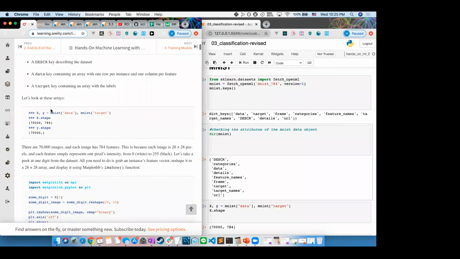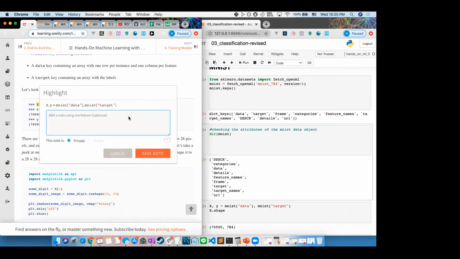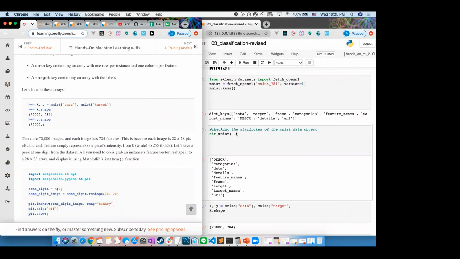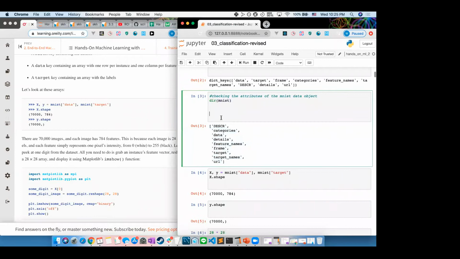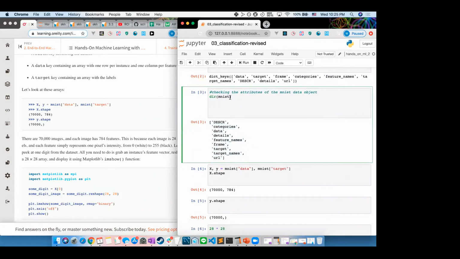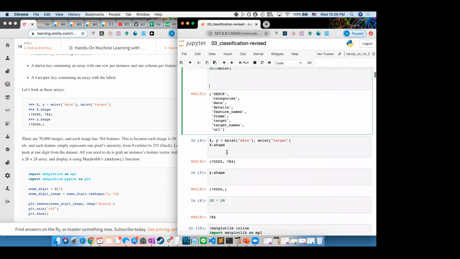Let's look at these arrays. And you can also check what kind of methods you can call by just using dir. So that's a pretty handy Python method.